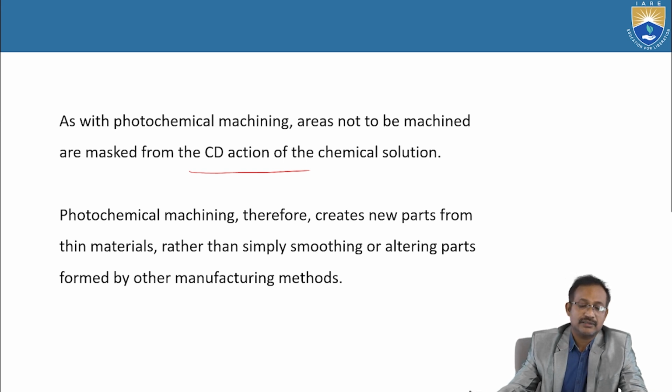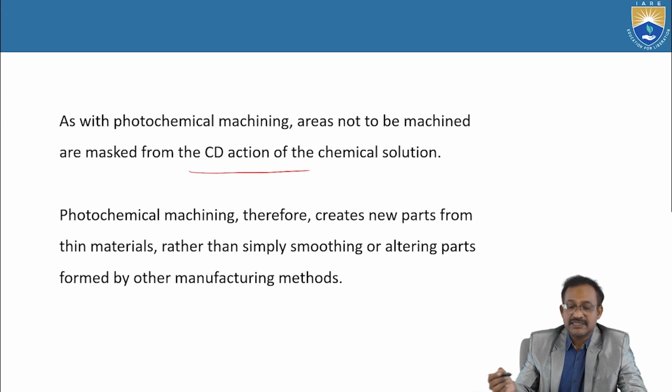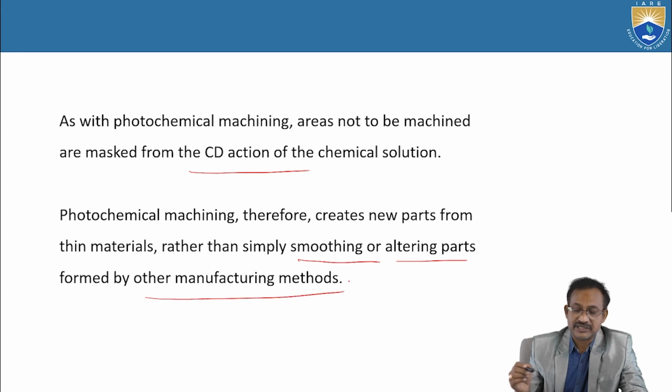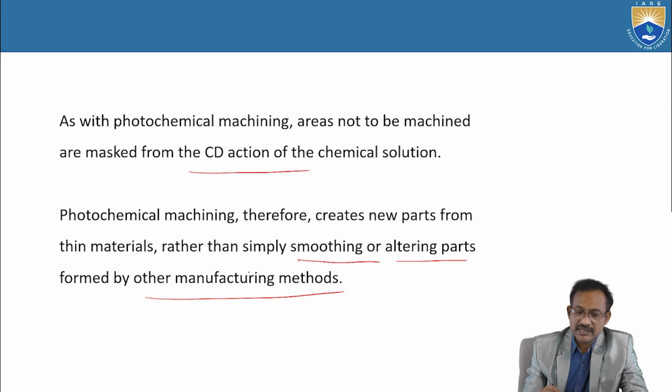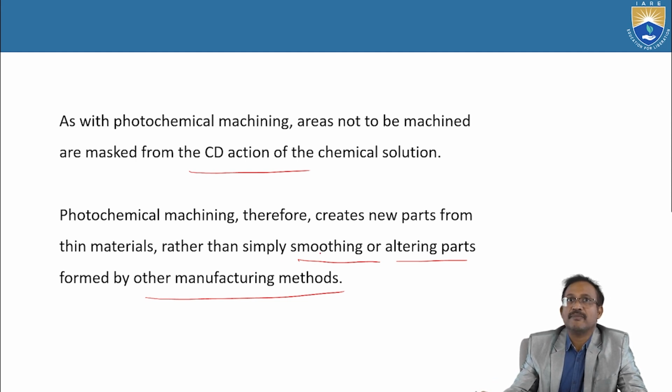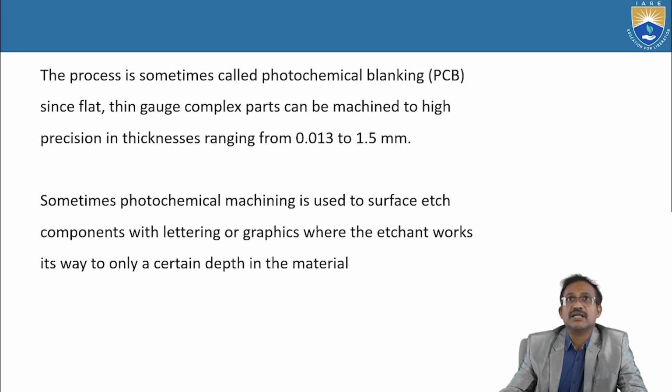Photochemical machining therefore creates new parts from thin materials rather than simply smoothing or altering parts formed by other manufacturing methods. The process is sometimes called photochemical blanking, PCB.